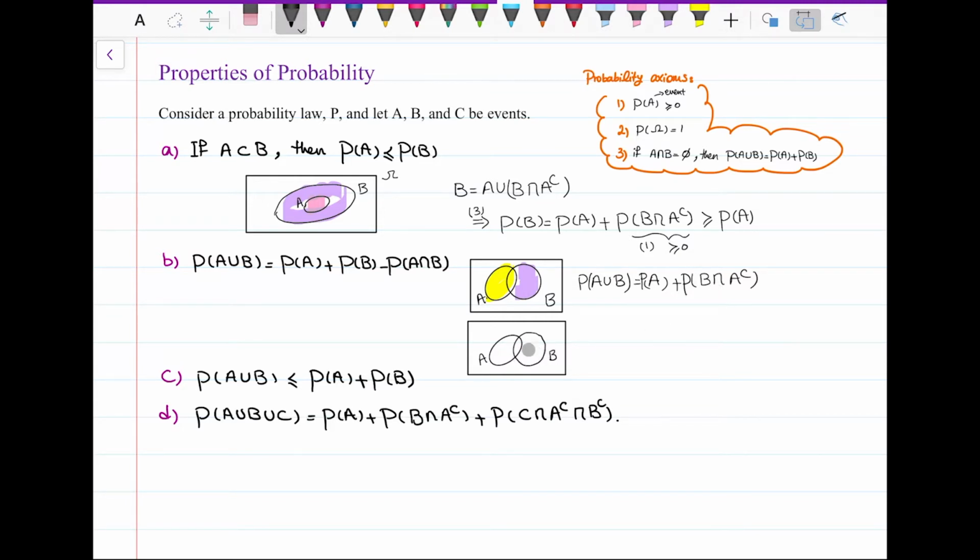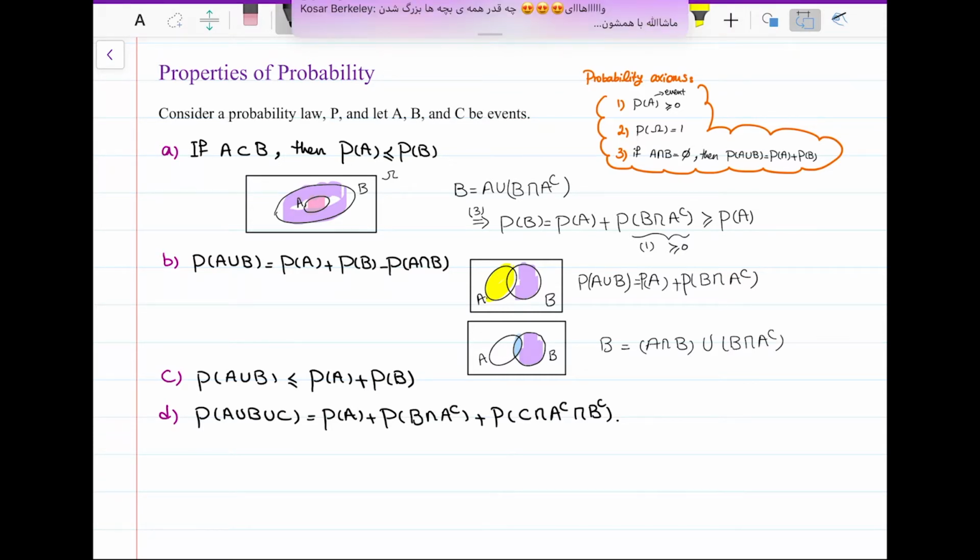Now, I would like to talk about the probability of B here. So I can write B as what? As this little area, which is A intersection with B, and I take the union of that with, let me use the purple, this area, which would be B intersection with A complement.